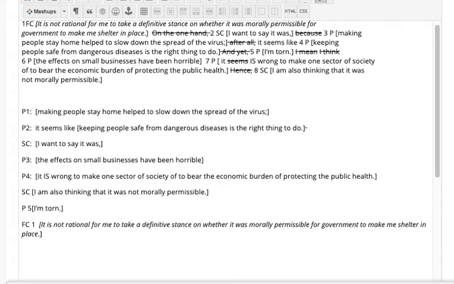And this should have what? No number. This becomes premise what? 3. This becomes premise 4. Should this have a number? No.